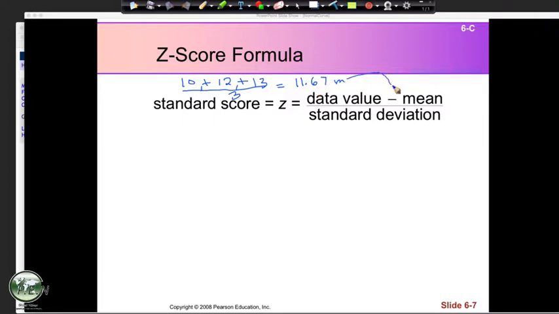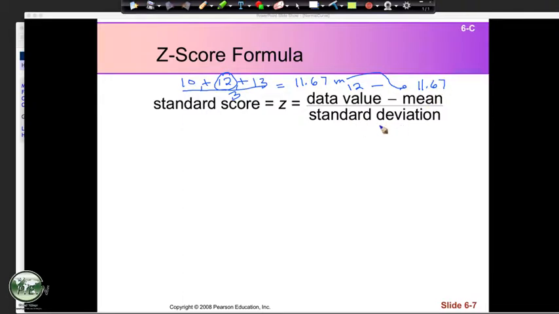What that does is that goes right here. If I take a fourth potato, let's say I have all my potatoes and I want to calculate the z-score. What would the z-score be of this 12? I take the data value, which in this case is 12, subtract the mean from it, 11.67, and then I divide by the standard deviation.